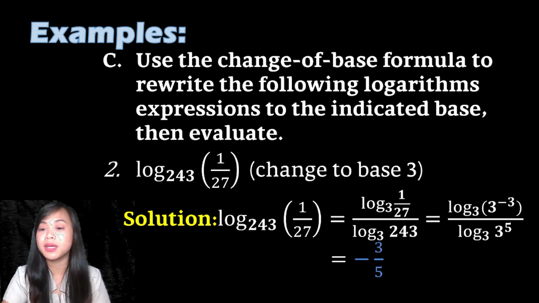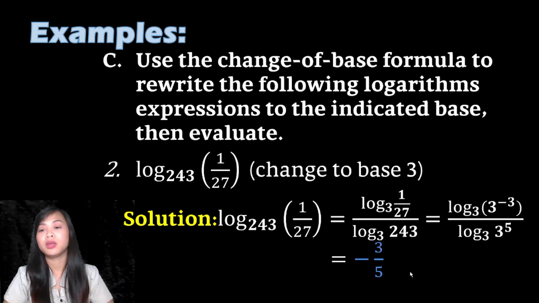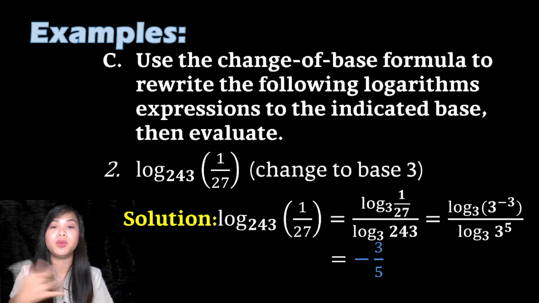So since we have the same bases here, the base is the same as the base of the power, then we will bring down the value of the exponent. So we have negative 3 over 5. Same principle, same properties that we used in the first example.